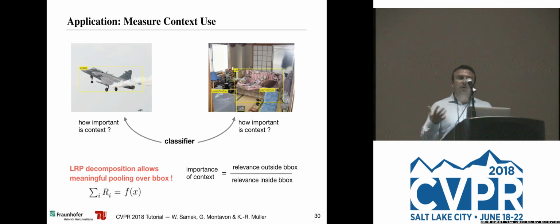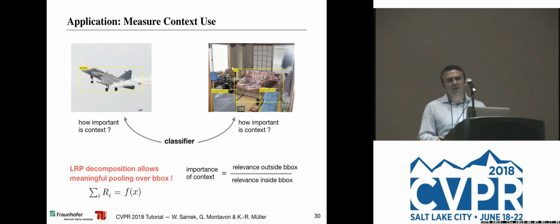So it's natural to measure how much the model uses context, because you can measure how much relevance falls outside the bounding box and how much falls inside. This gives you the importance of context. If a lot of relevance falls outside the bounding box, then context is really important for the model.